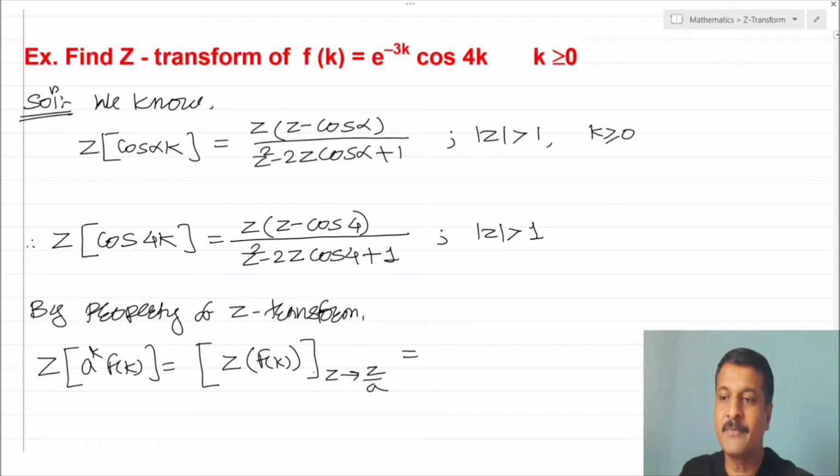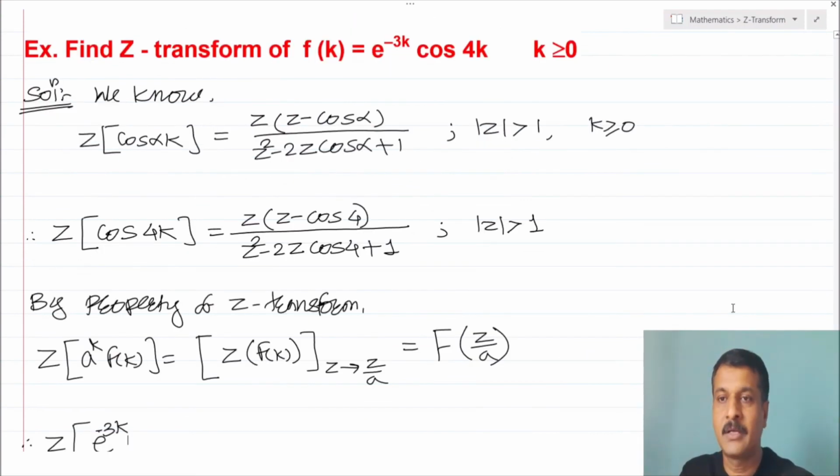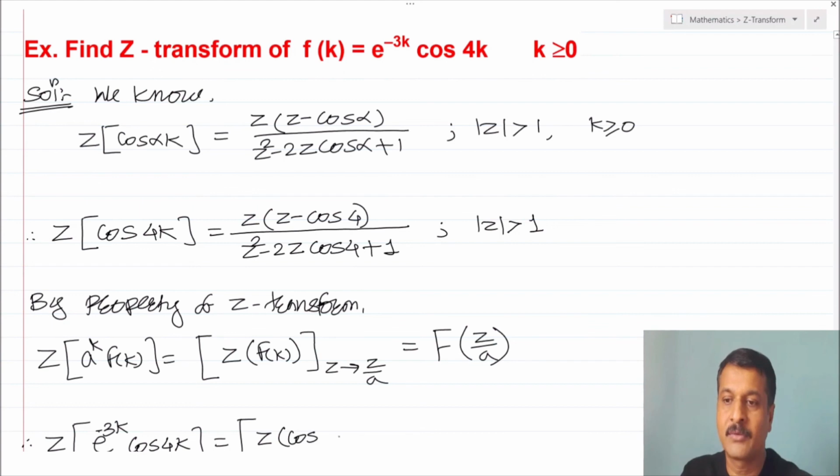The same thing, if we consider z transform of f of k is F of z, then I can write it as F of z by a, and therefore z transform of e raised to minus 3k into cos 4k equal to z transform of cos 4k, and everywhere z replaced by z by a.